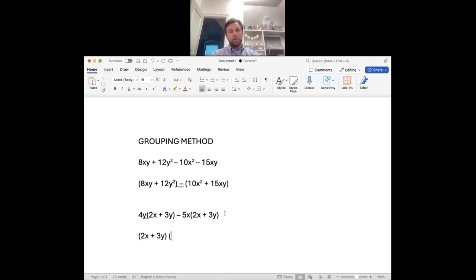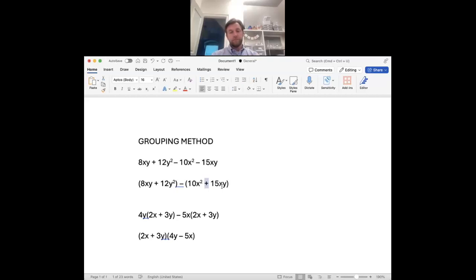So 2x plus 3y, parentheses, 4y minus 5x. My apologies, I didn't account for my sign when I was flipping it in my head and I just forgot to flip it again. The point here is that you want to be mindful when that middle sign is minus and you put that parentheses in, you have to change the sign of the last one too.